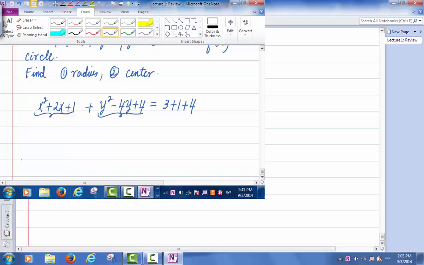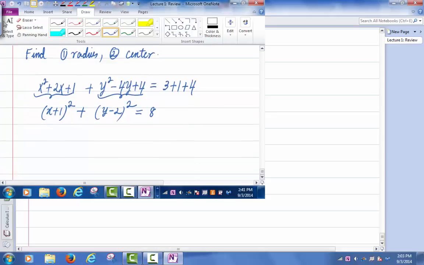If you factor out x squared plus 2x plus 1, what do you get? You get x plus 1 times x plus 1, right? Which is x plus 1 squared. And when you factor out y squared minus 4y plus 4, you would be getting y minus 2 times y minus 2, which is this, and that is equal to 8.